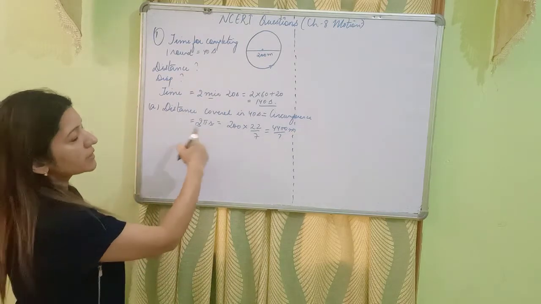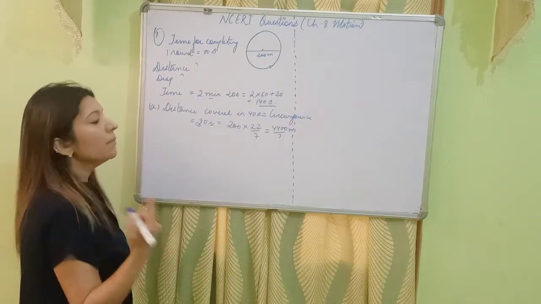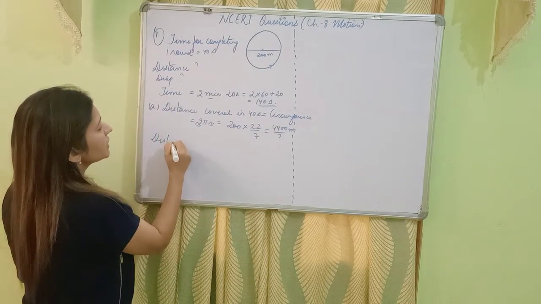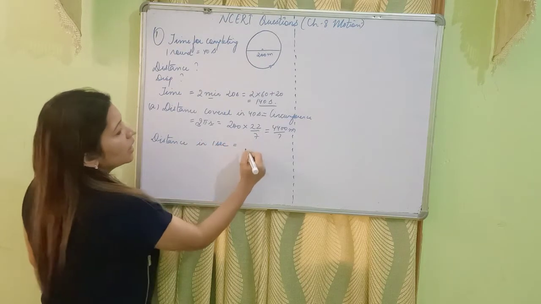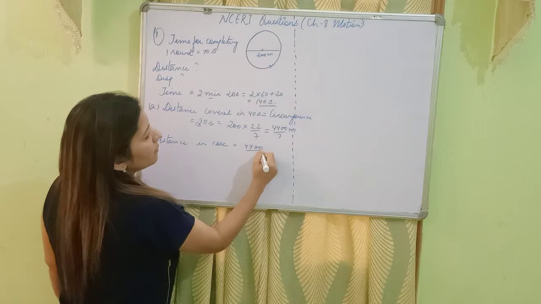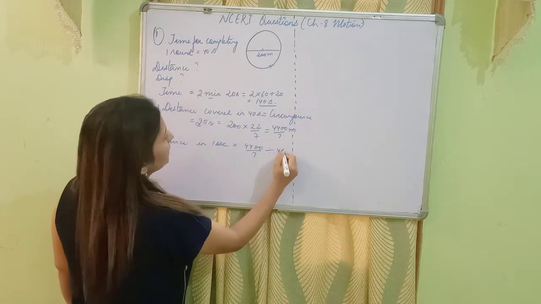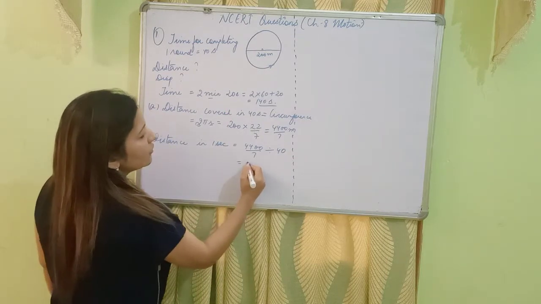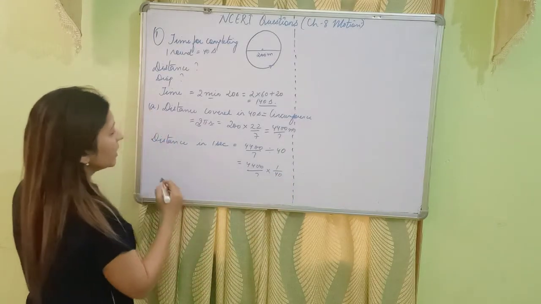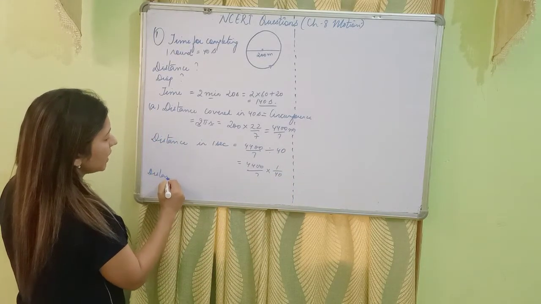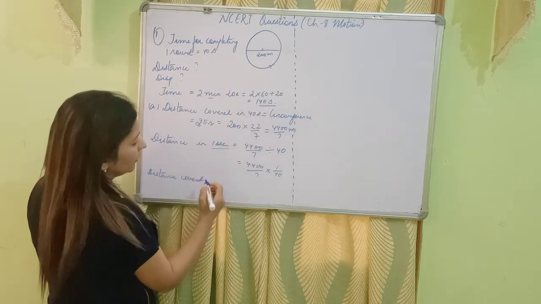Now this is distance covered in 40 seconds, but you need to calculate distance covered in 140 seconds. So by unitary method, distance covered in 1 second would be 4400 by 7 divided by 40, or I can say 4400 by 7 multiplied by the reciprocal, 1 by 40. First we'll calculate for 1 and then we'll calculate for 140.